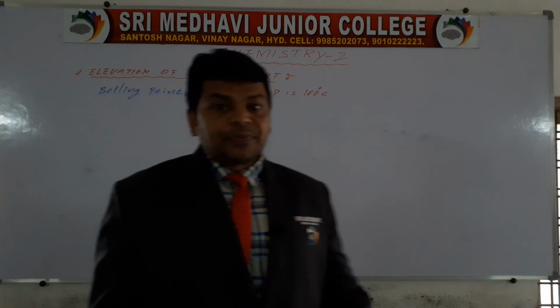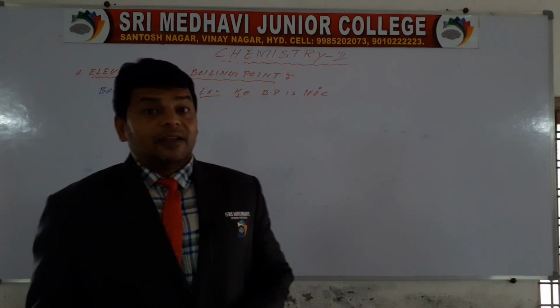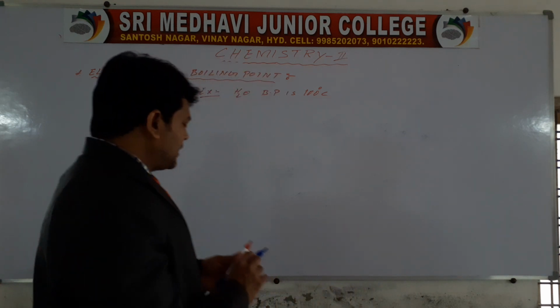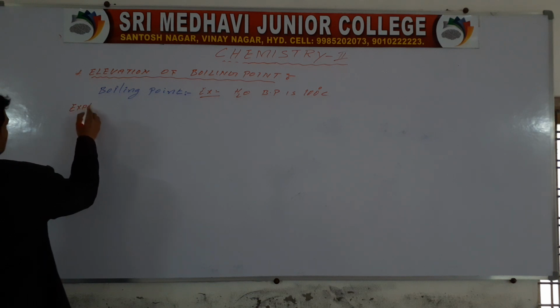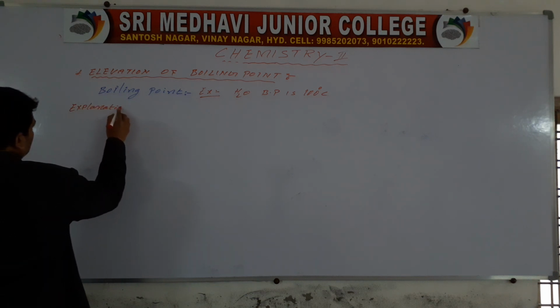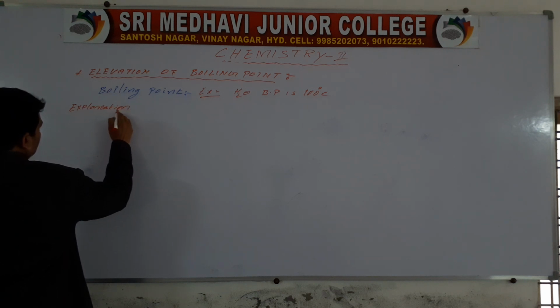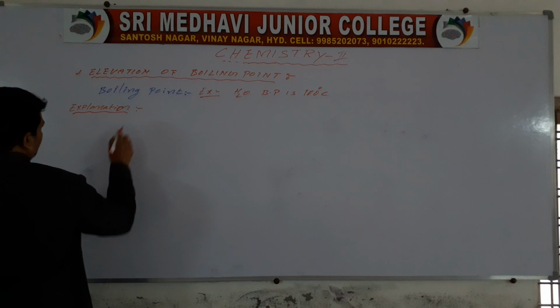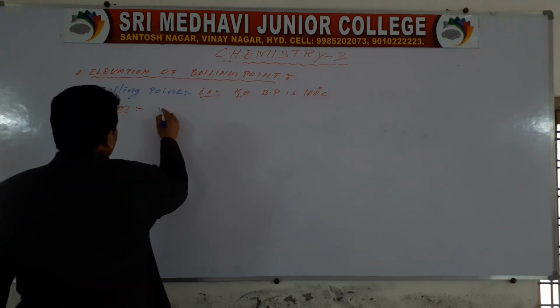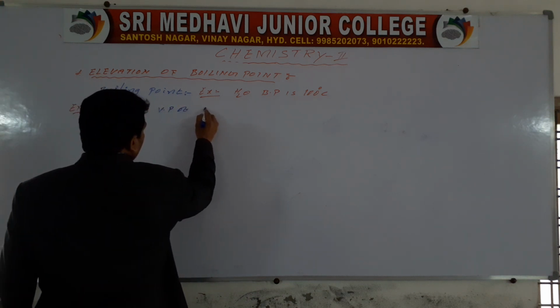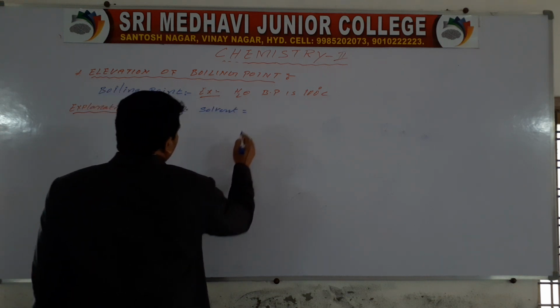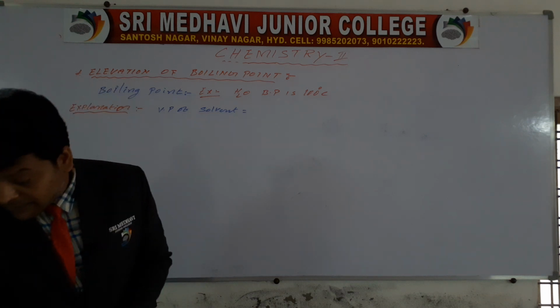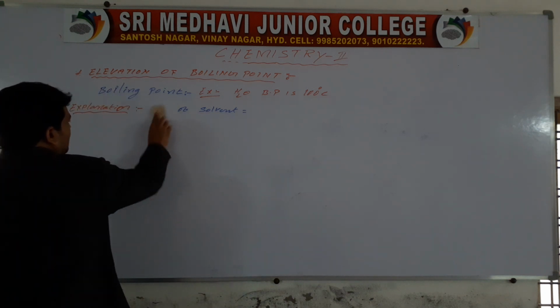Now, you have to know the elevation of boiling point. Here is the explanation. Here we are talking about the boiling point of the solvent, not the vapor pressure of the solvent.